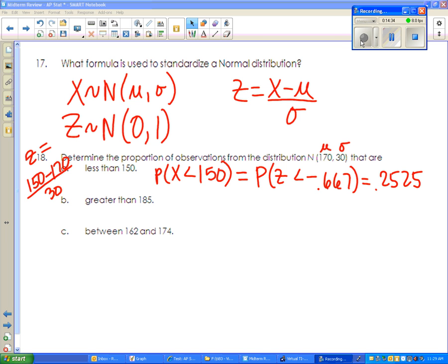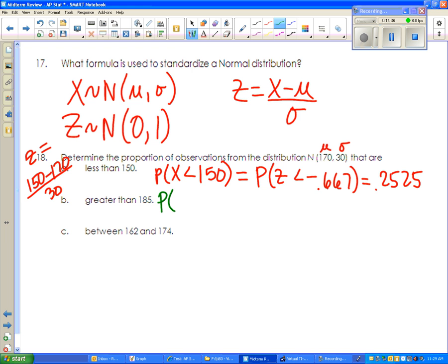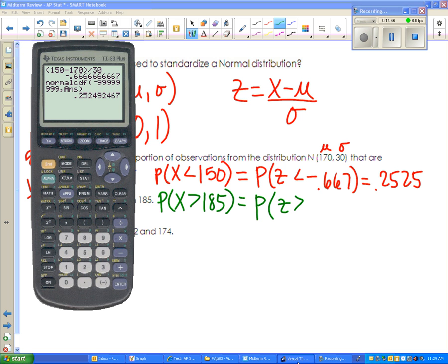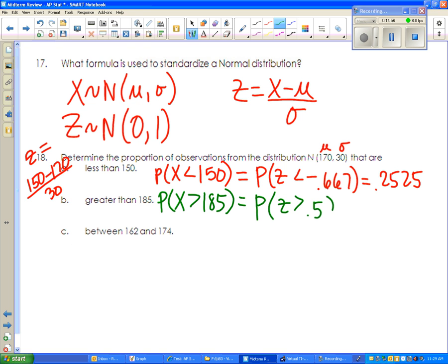For the next problem, we're looking at the probability that X is greater than 185. That corresponds to a Z-score. Here's my TI: 185 minus 170 divided by 30, and we get a z-score of 0.5.